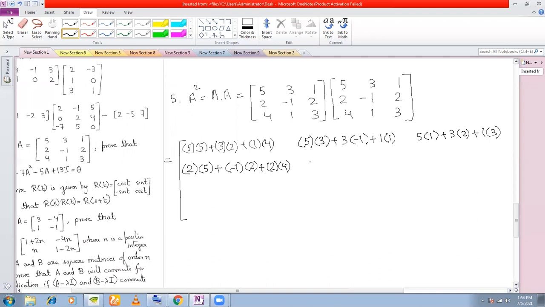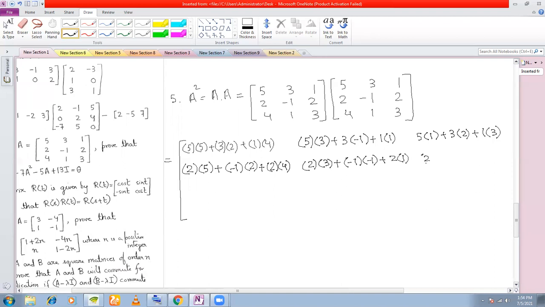Next, second row with the second column. So 2 into 3 plus minus 1 into minus 1 plus 2 into 1. Next, second row with the third column. Write it in the 2, 3 position.